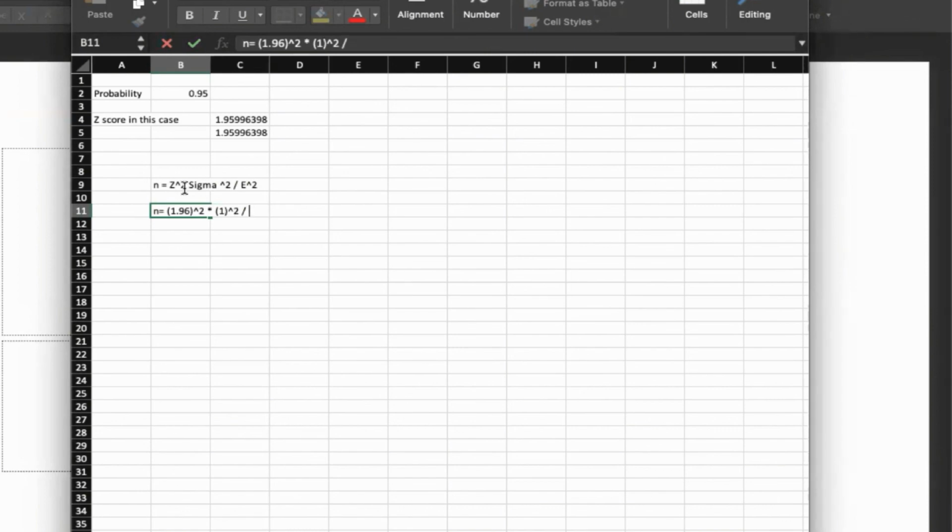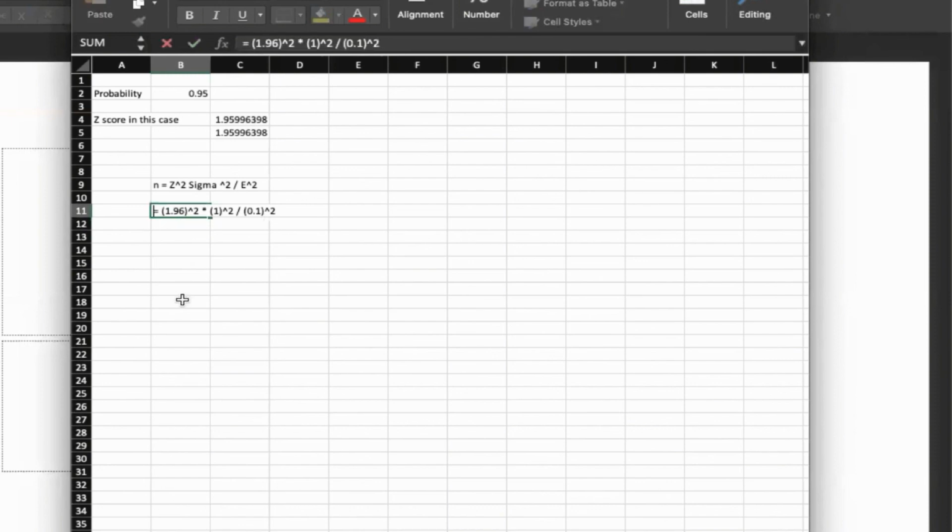E is the margin of error, the desired interval, and it says 0.1 inch of margin of error. So 0.1 inch squared. Let's run it.